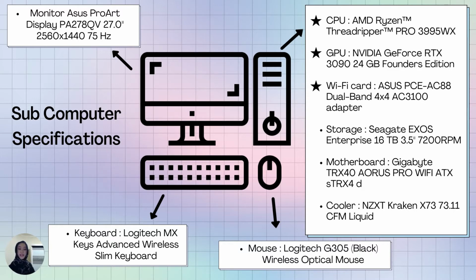The second consideration that is also important is the graphics card. This fast graphics card with up to 1.7 GHz and a huge allocated 24 GB of GDDR6X video RAM is the perfect graphics card for professional use. And the last important consideration is the Wi-Fi card.